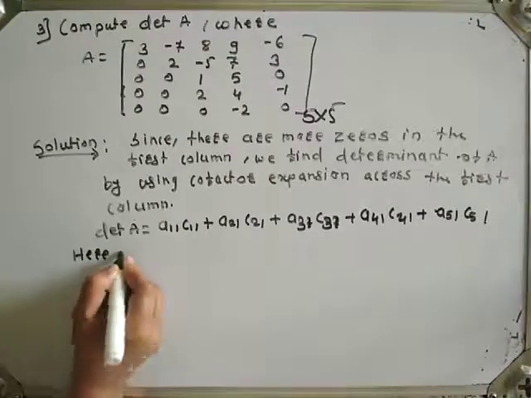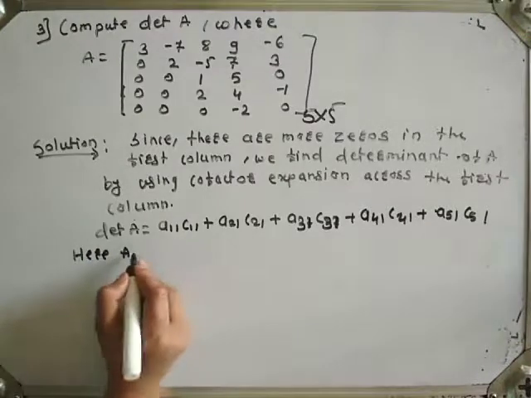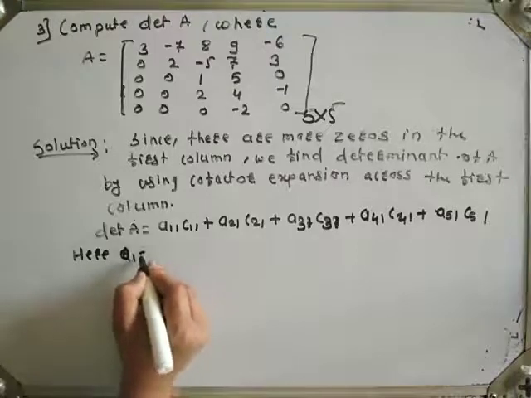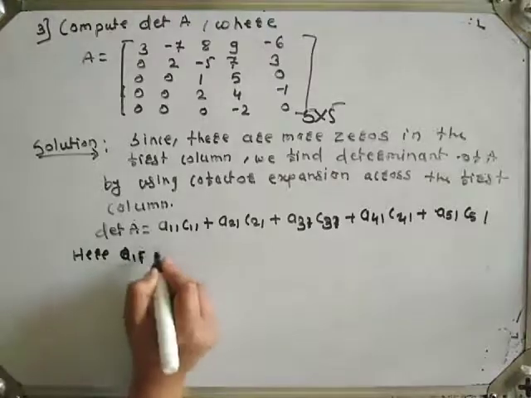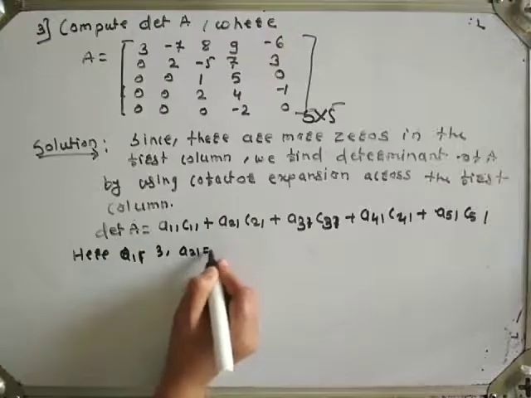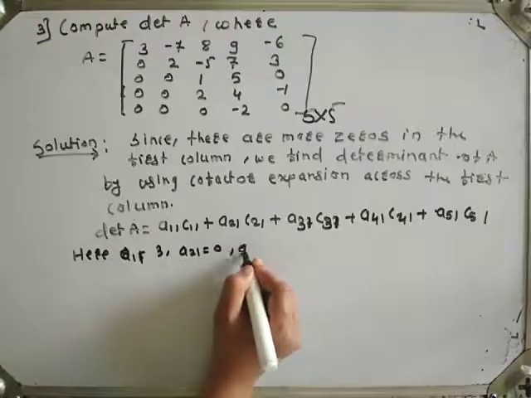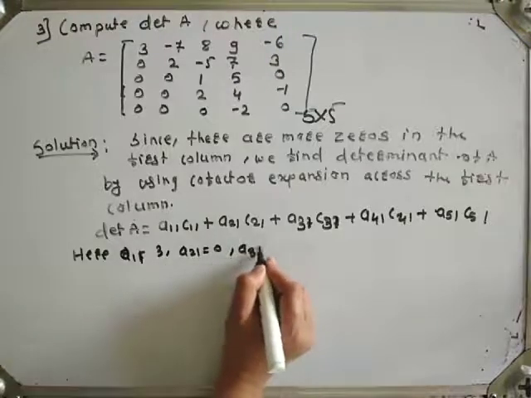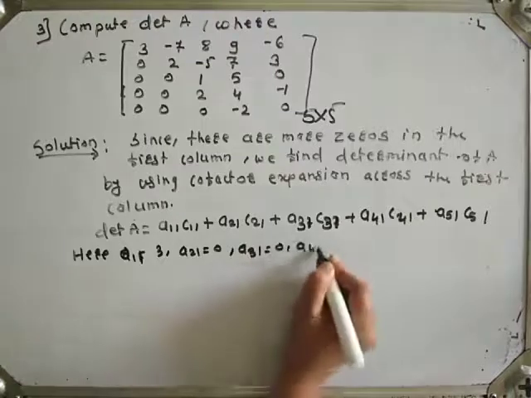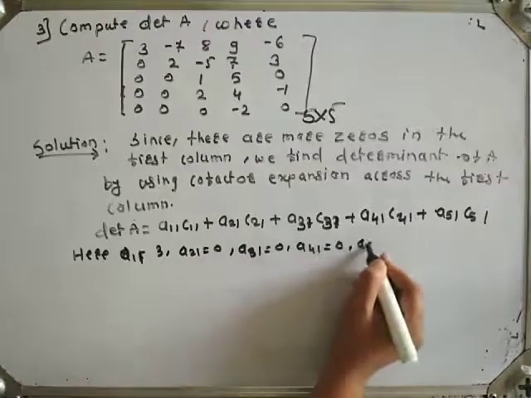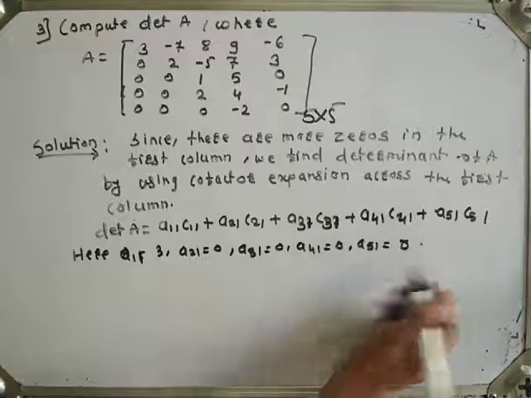Here A11 is equal to 3, A21 is equal to 0, A31 is equal to 0, A41 is equal to 0, and A51 is also equal to 0.